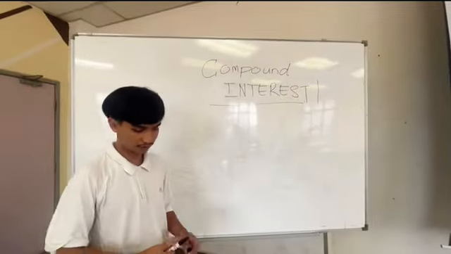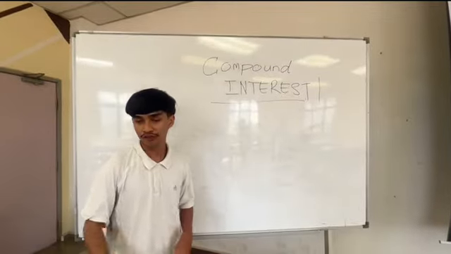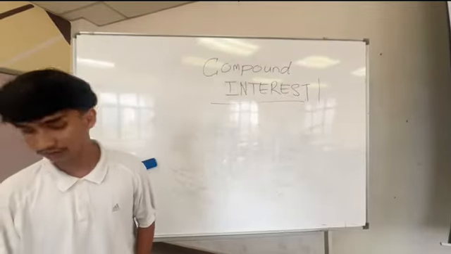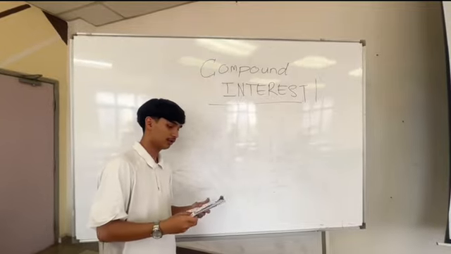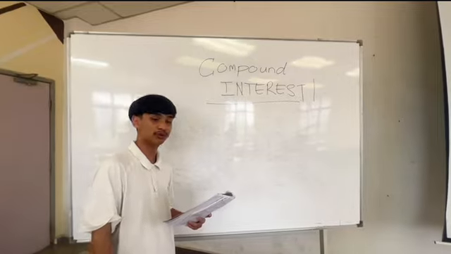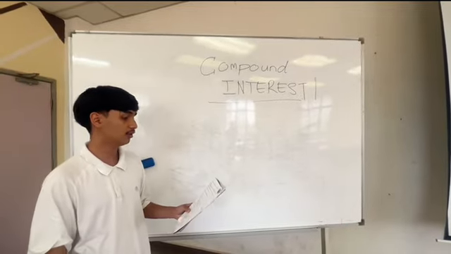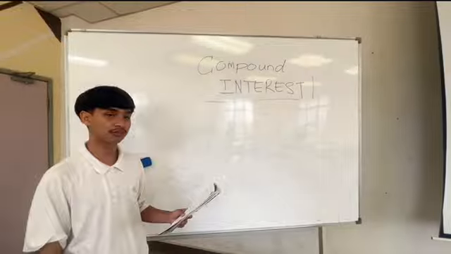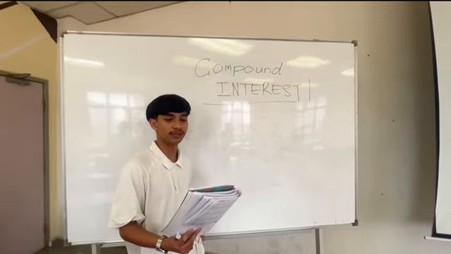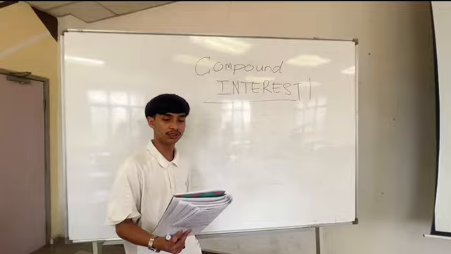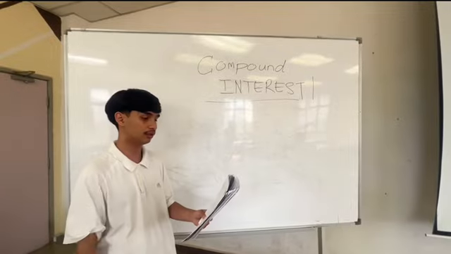Okay, today I want to explain to you about compound interest. First of all, compound interest is calculated based on the principal, which is charged every year. The interest due is added to the principal at the end of each interest period and thereafter earns interest.